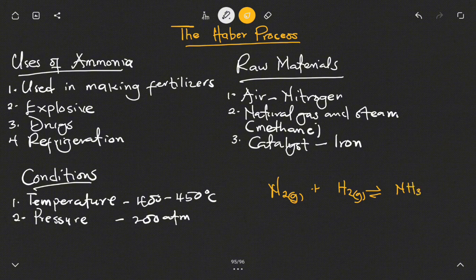Now we need this to be in the ratio of 1:3, so I'm going to put 3 here, and I'm going to put 2 here. The enthalpy change here is minus delta H, which is telling us that the reaction is an exothermic process. That means that heat is given off in this reaction.